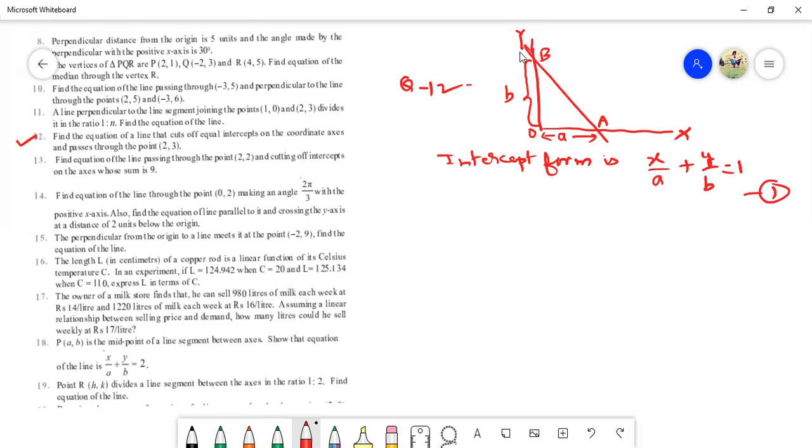Second condition is this line is passing through a point 2, 3. There is a point P on this line whose coordinates are 2 and 3. Then find the equation of the line.